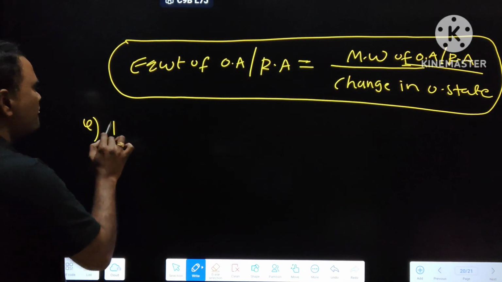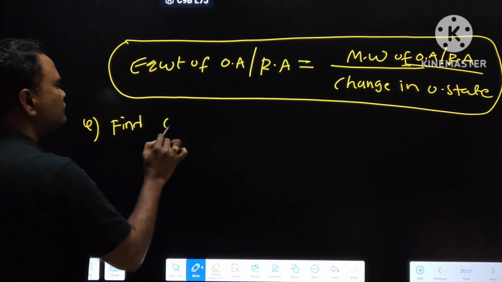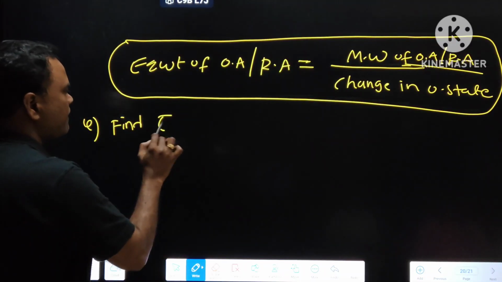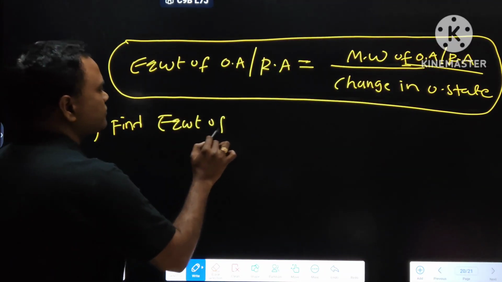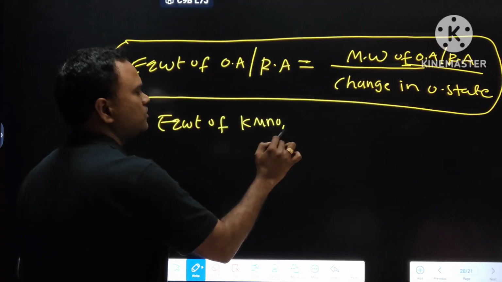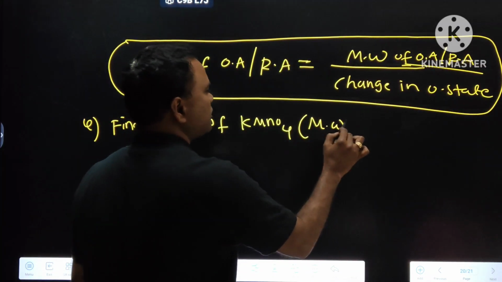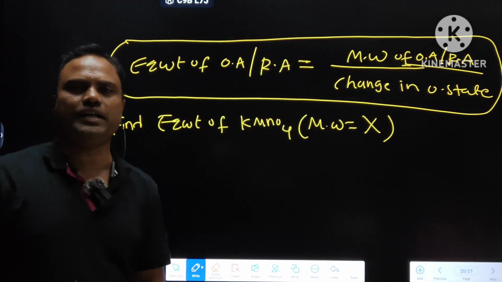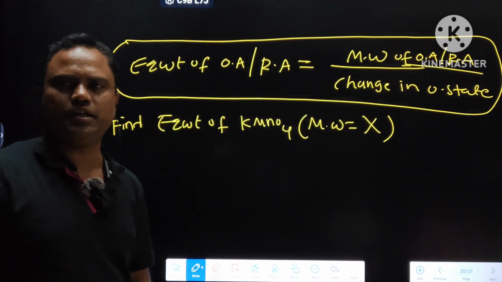Model question: find the equivalent weight of KMnO4. Within the bracket, consider the molecular weight as capital X. The value is actually 158, but they will give the data.